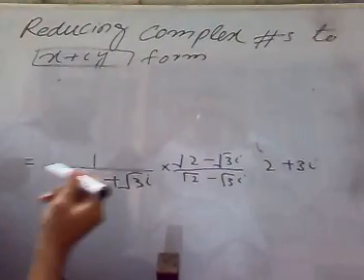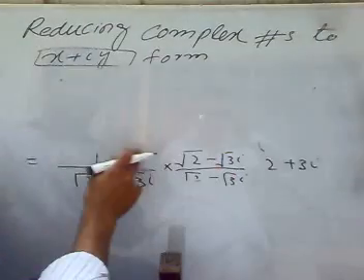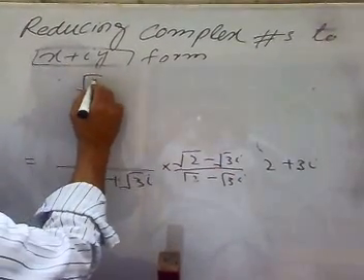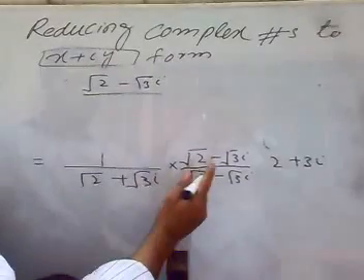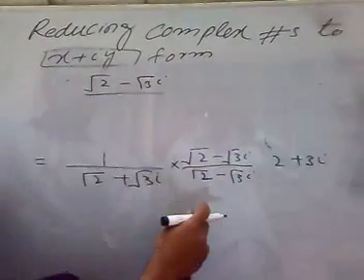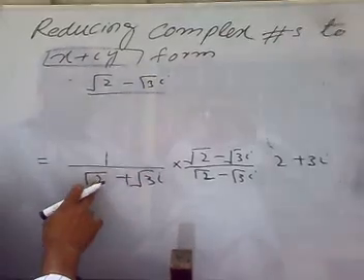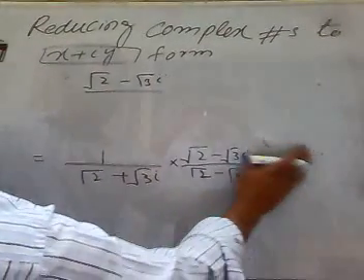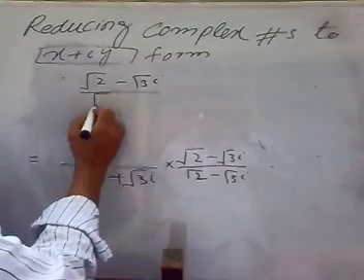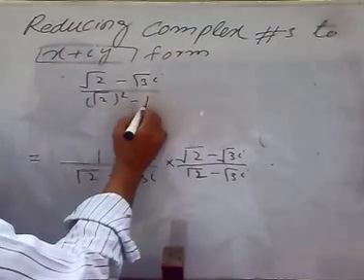Okay, now the numerator will be multiplied with the numerator. It will be under root 2 minus under root 3 iota, and the denominator will be multiplied with the denominator. Here we will use the formula (a plus b) into (a minus b) equals a squared minus b squared.